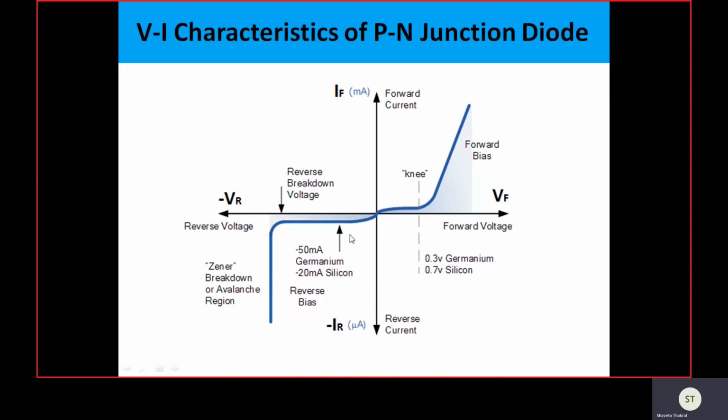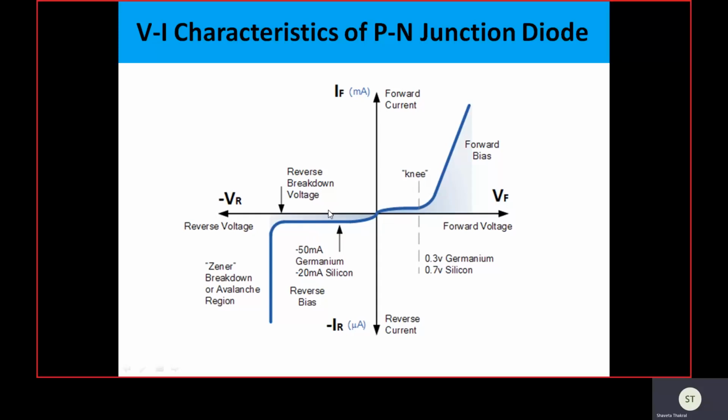And in reverse biasing the current is very small, due to only minority charge carriers. This current is limited and lies in the range of microamperes. Why is this current limited? Because it is due to minority charge carriers. And why is it called saturation current? Because minority charge carriers depend upon temperature.